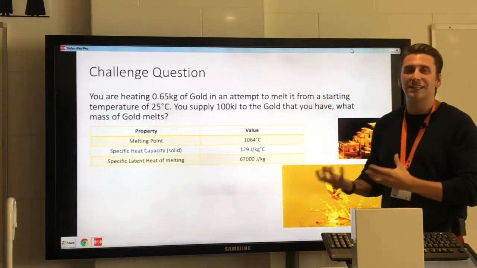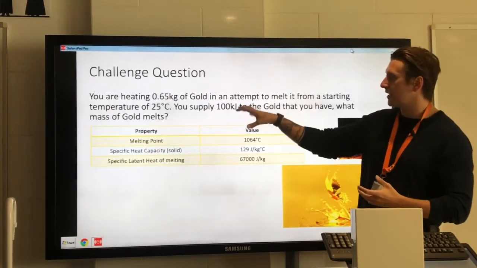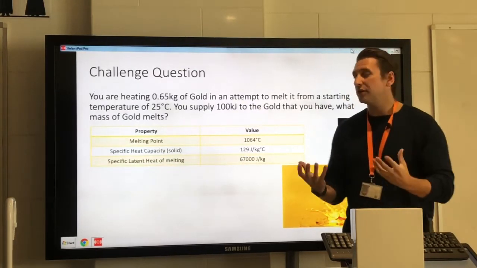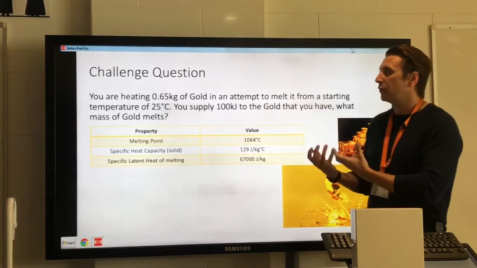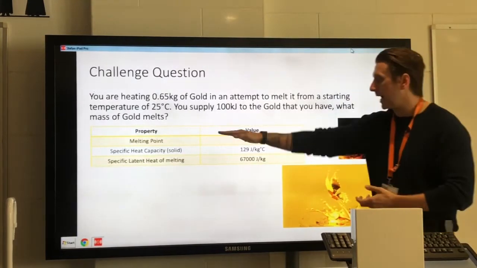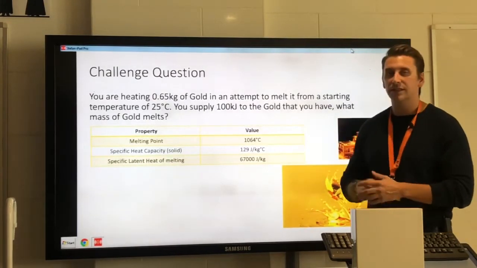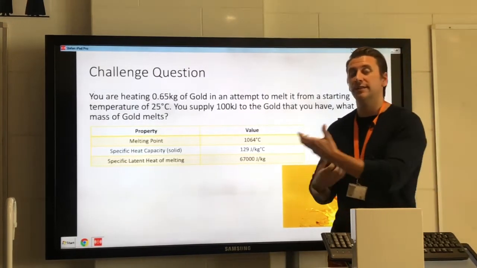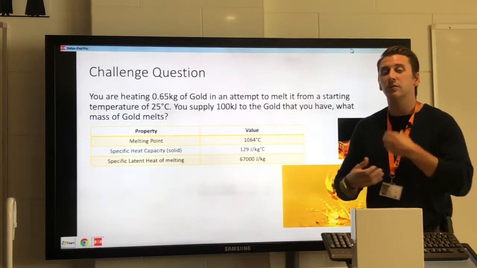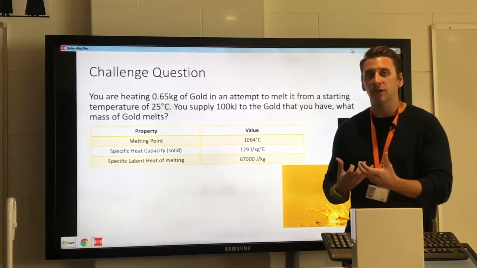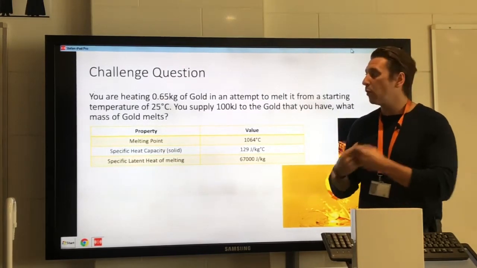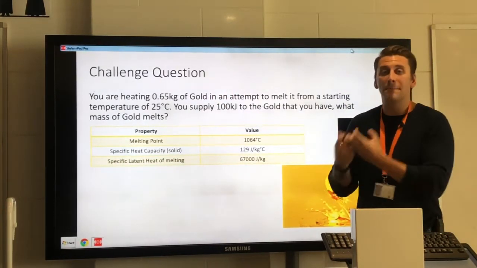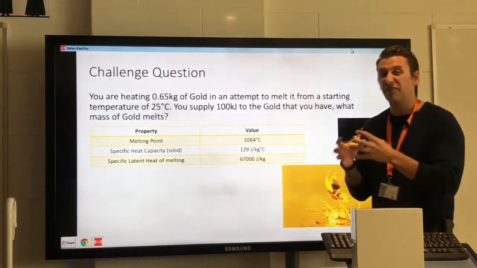Now I've got 13,000 joules remaining, so 100,000 subtract the energy to get it to melting point, 87,000. 13,000 joules is all the energy I have just to melt it. I'm now at melting point, I'm at 1064. Any energy now that I input into my gold will not go into changing the temperature, but it's at melting point, so it will go into breaking those bonds down in solid gold to create liquid gold. So what mass of my 0.65 kilograms of solid gold will actually melt if I have 13,000 joules?